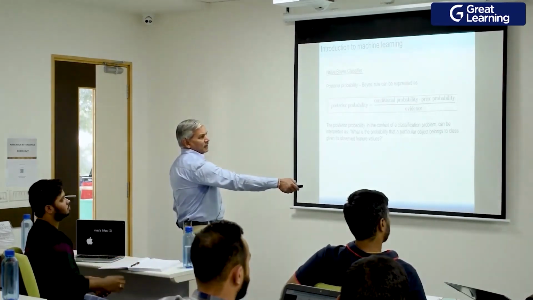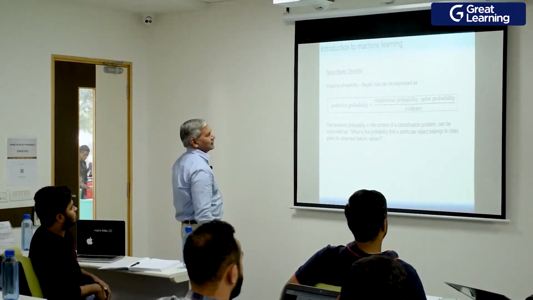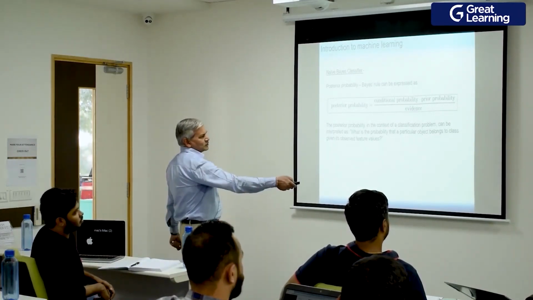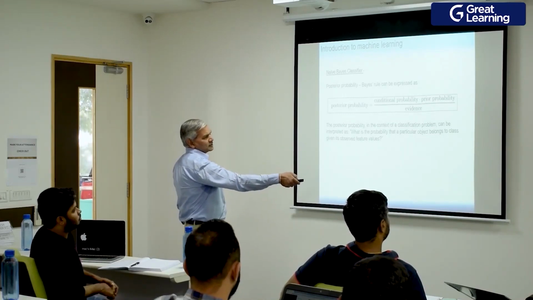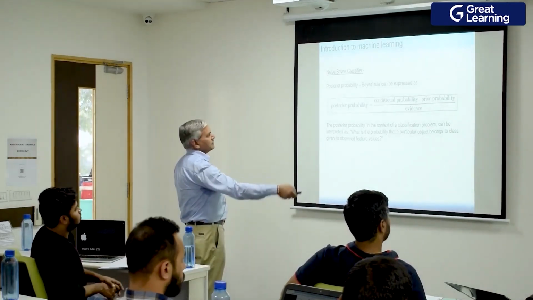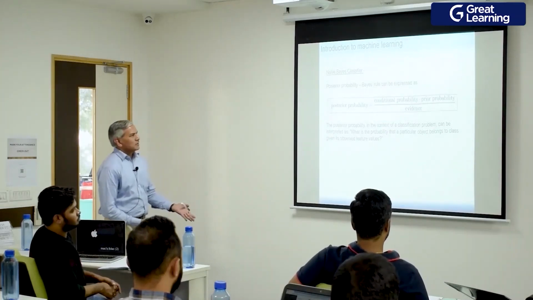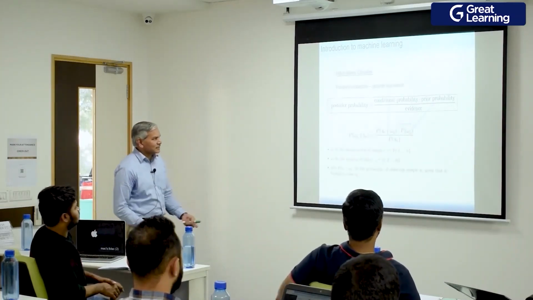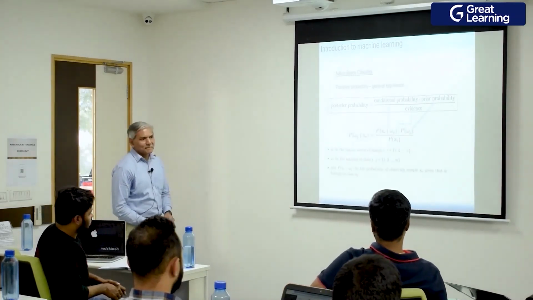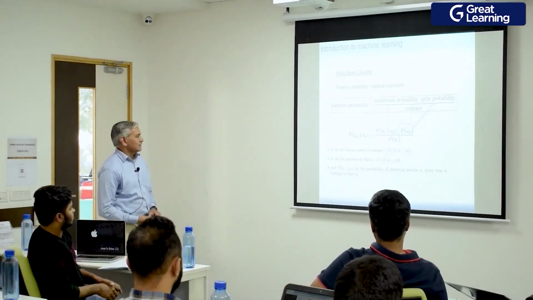This is my likelihood, also called conditional probability. This is posterior, this is likelihood, this is prior, this is my evidence. Some books and authors will write it differently, but it means the same thing.